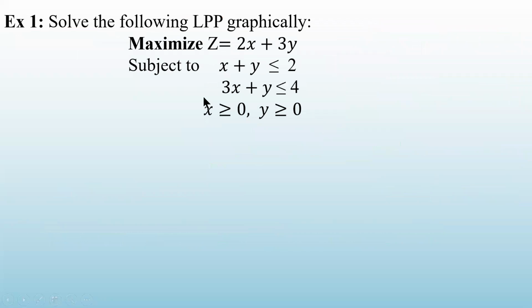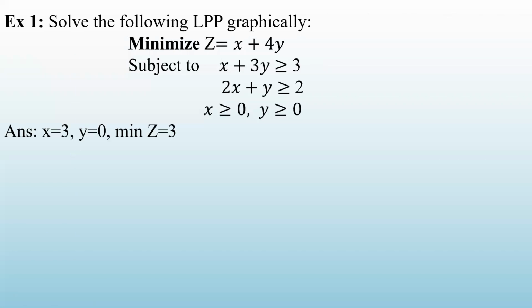The problem of maximize z equal to 2x plus 3y subject to these constraints and the non-negative restrictions, I have already solved in my last lecture. You can go through my recording. Today we are going to solve a problem where we minimize the objective function. So please concentrate here. Let us take the problem of minimization.